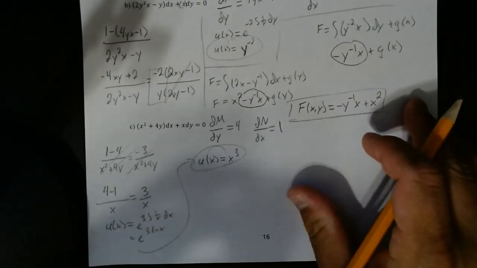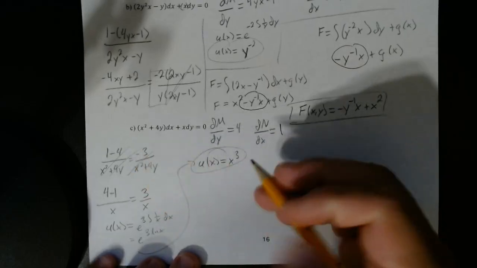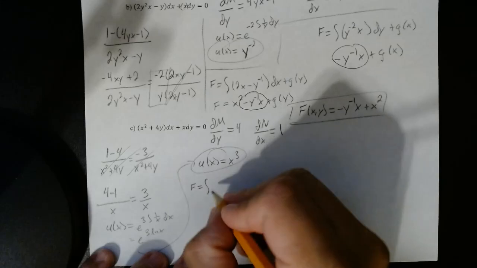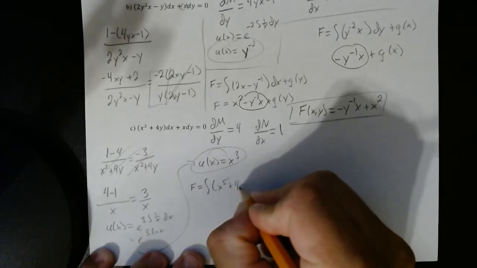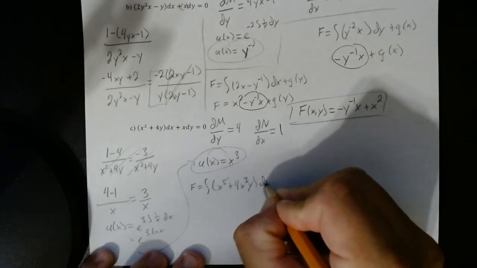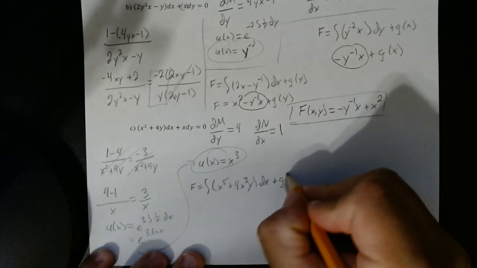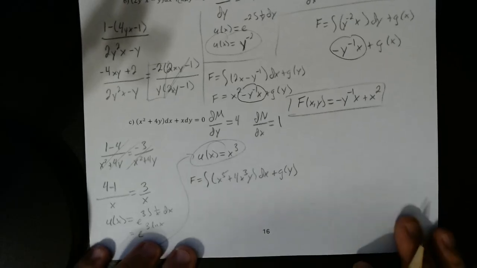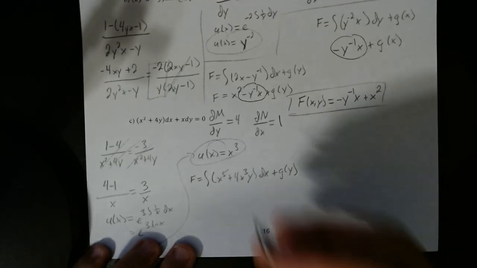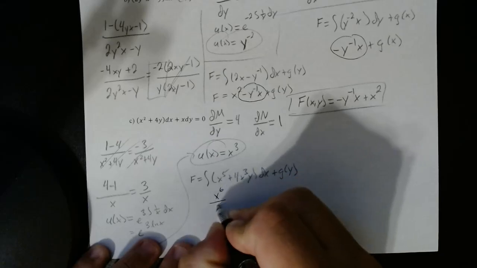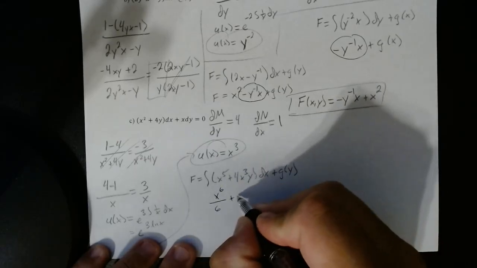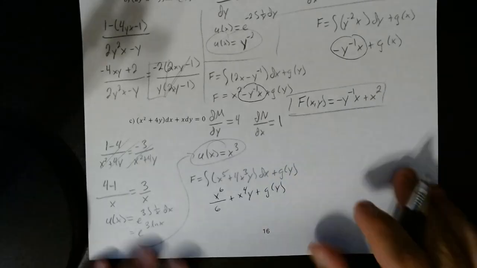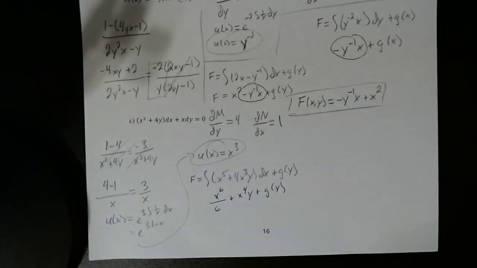Okay. All right, so we have our u of x. So we multiply and integrate. So this times that part's going to be x to the 5th. All right, so there's my f.